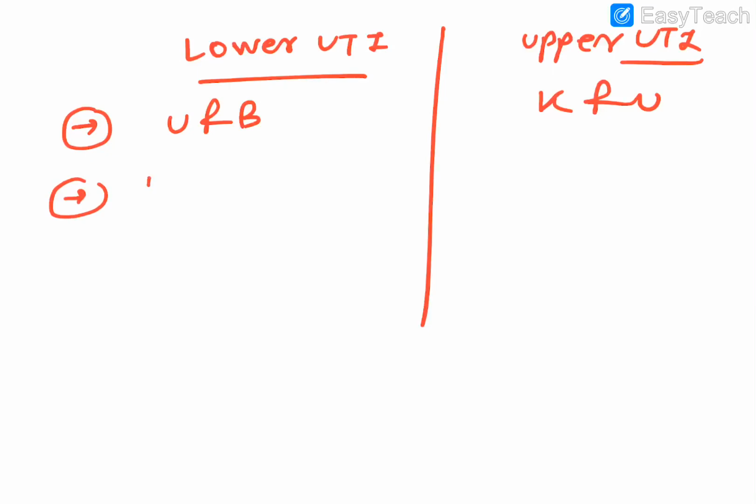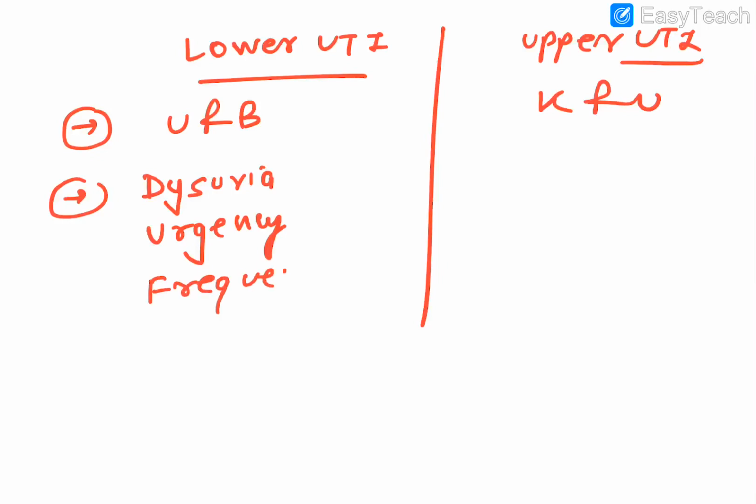Now, what are the features of lower UTI? The lower UTI features are dysuria, that is difficulty in urination. Urgency means if that person does not find a chance to urinate, it becomes a very problematic situation for him, and again he will go for urination. So he is fed up with this condition.